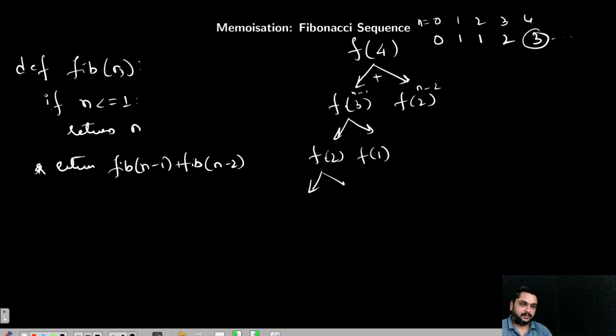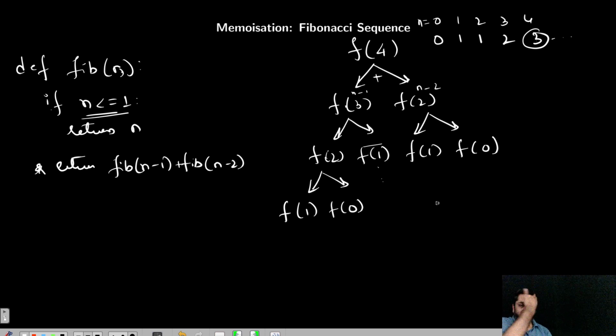Then this one f of 1, f of 0. Here it will not call further because the condition is less than or equal to 1, so it will just return the n value, that is 1. Next, on this side I have f of 1 and f of 0. So this is the recursion tree.